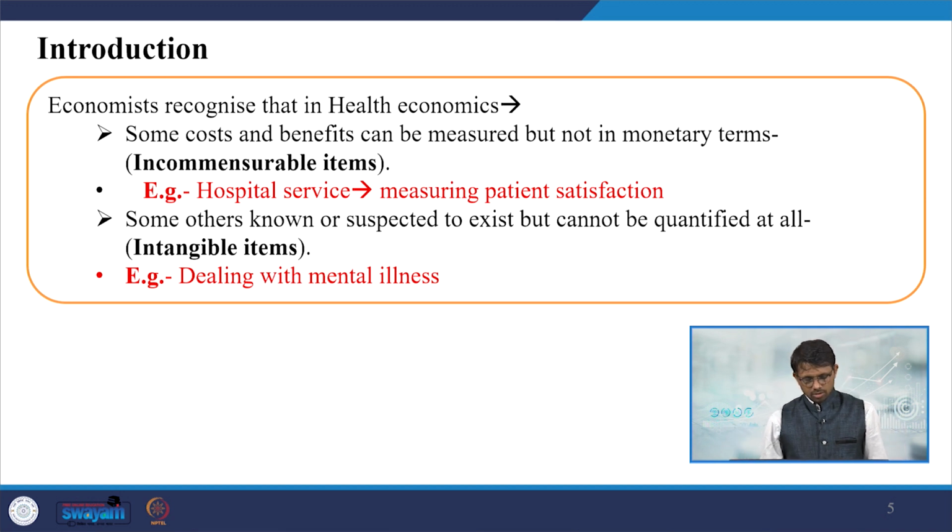Some others known or suspected to exist but cannot be quantified at all are also called intangible items. These are dealt with in some cases like mental illness issues, where it is purely intangible and difficult to measure.